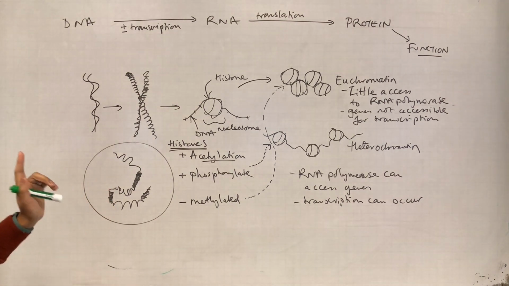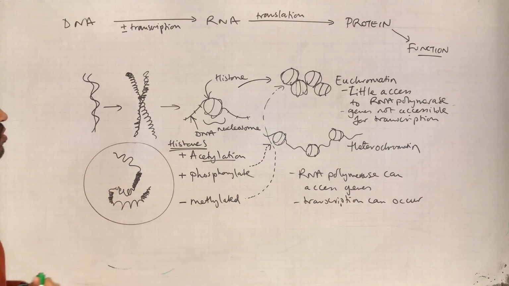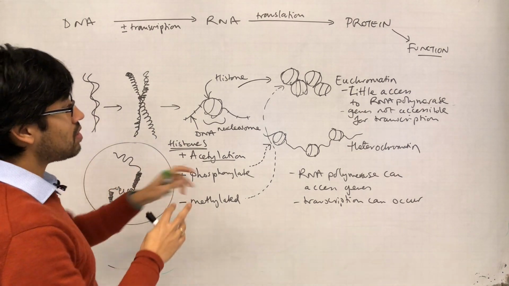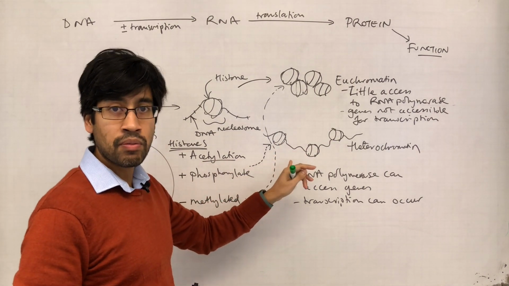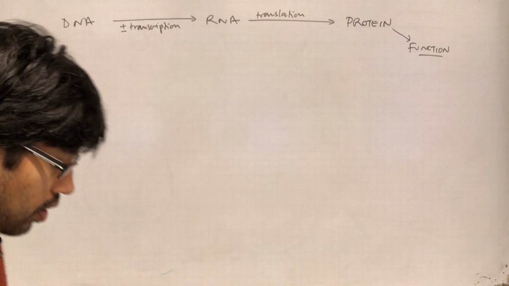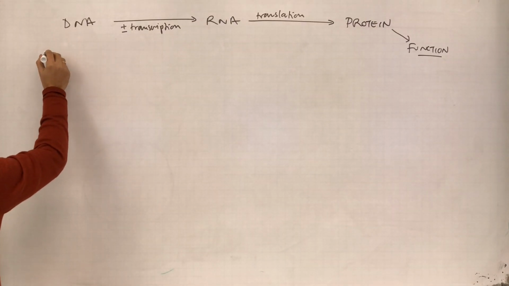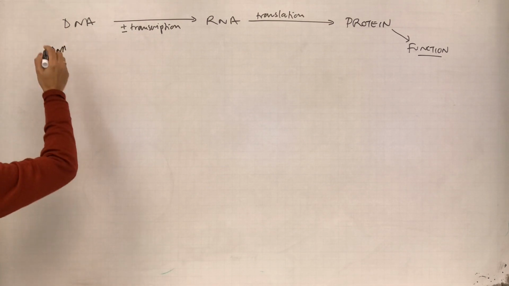Right, next we will continue to talk about transcription, but we will talk about transcription factors and how even if DNA is accessible, we can still regulate the genes from that point also. So at the DNA stage, we'll just add, sorry, what's it called?